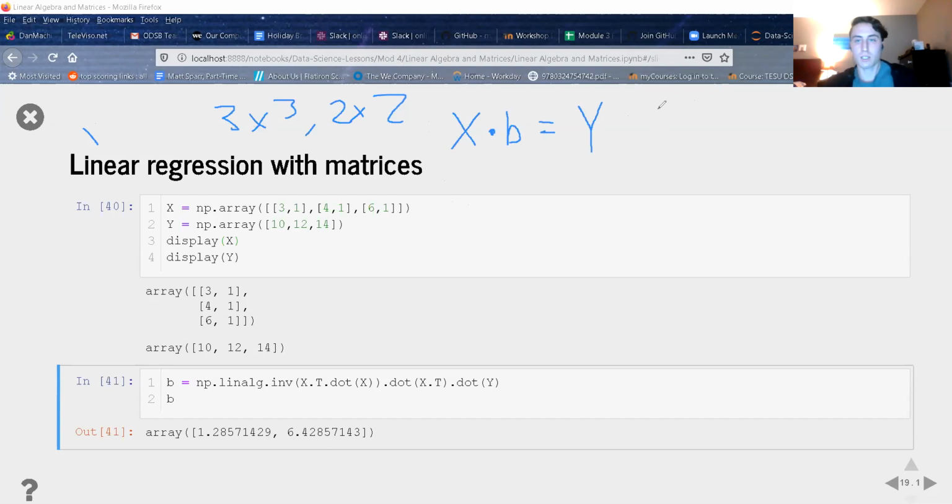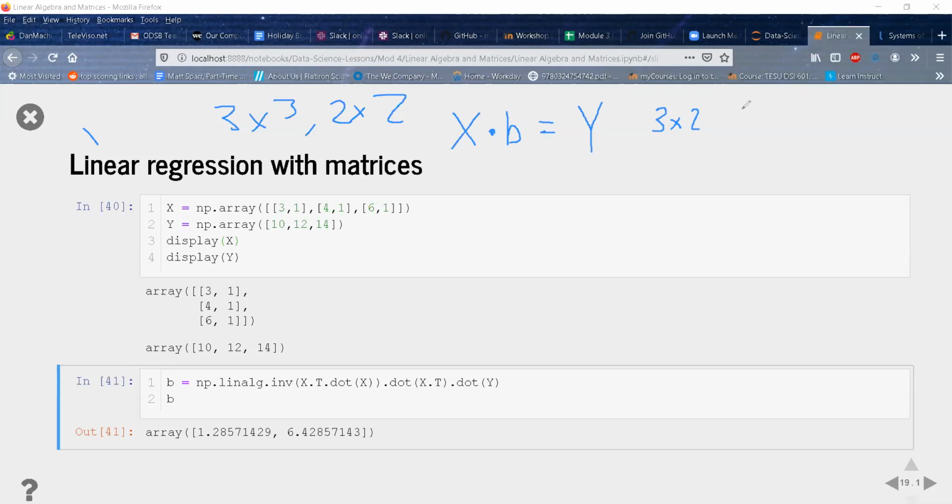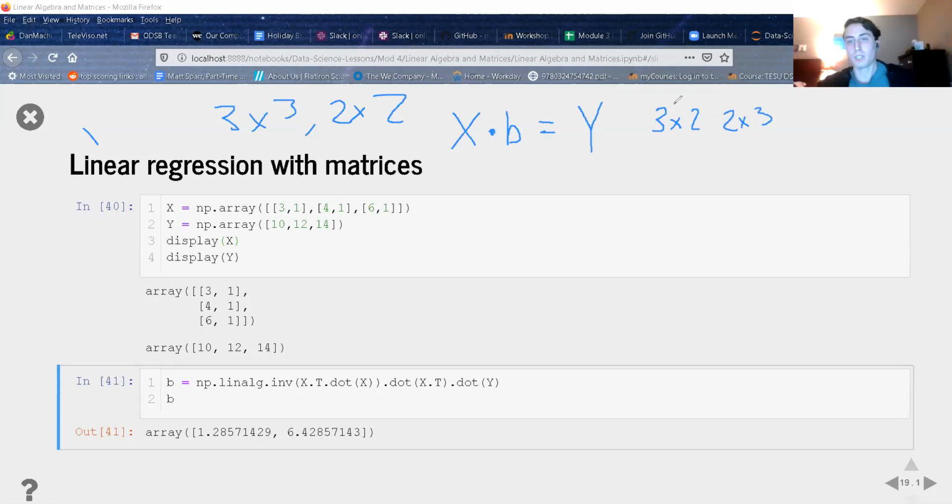So our X here is what, 3 by 2? Yeah. All right, so the transposition of it then, what shape would it be? 2 by 3. Right. So when it's multiplied, the resulting matrix is going to be square because it's going to take the outside dimensions.